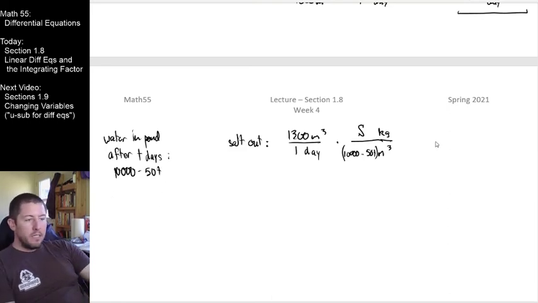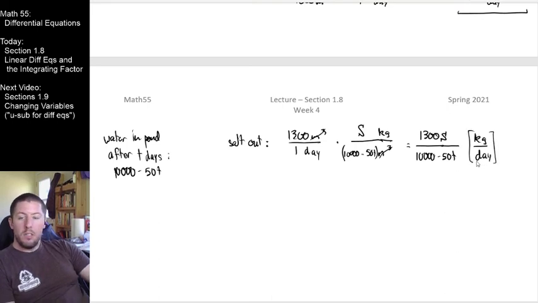So our salt amount is S. Our volume any given day can be computed by 10,000 minus 50t. Our good thing is that we've got our units to cancel just like we wanted. So it looks like what we're seeing here is 1,300 S, trying to make that like a script S so it doesn't look like a 5, over 10,000 minus 50t. And this is a measurement of kilograms per day.